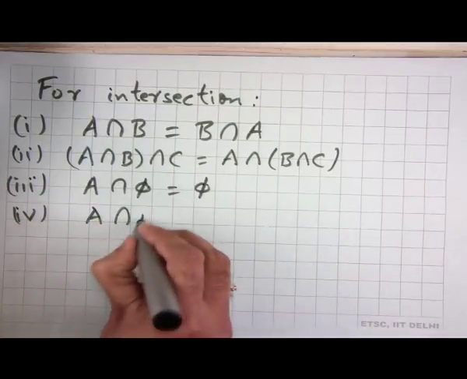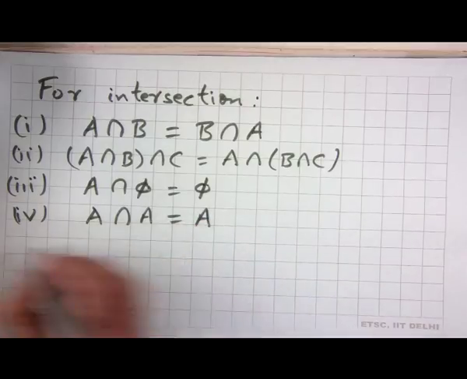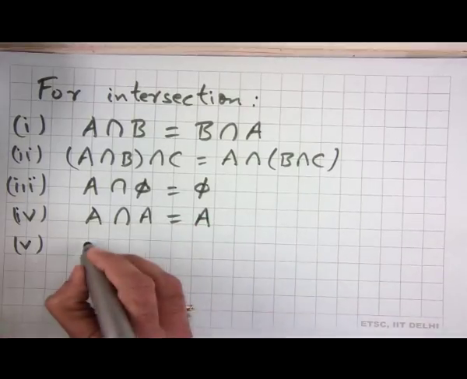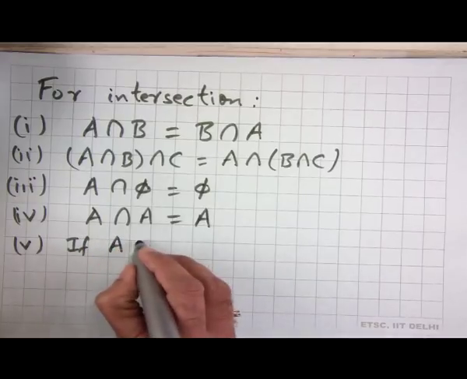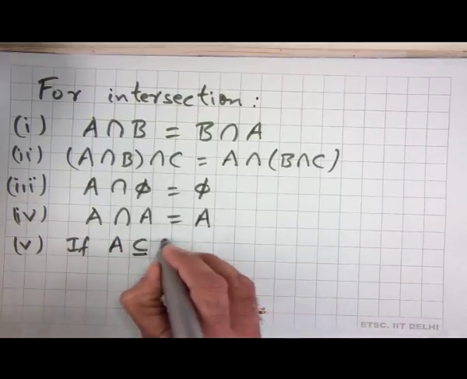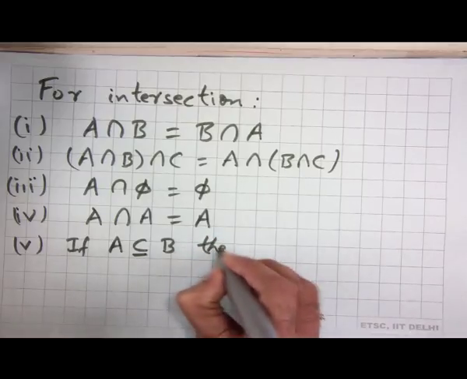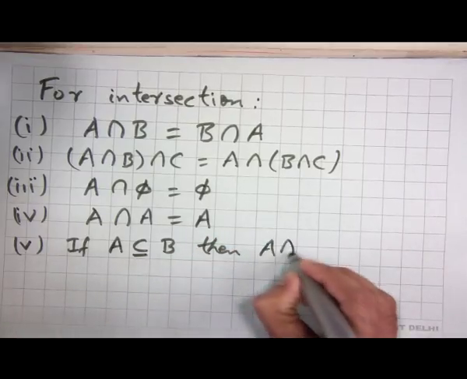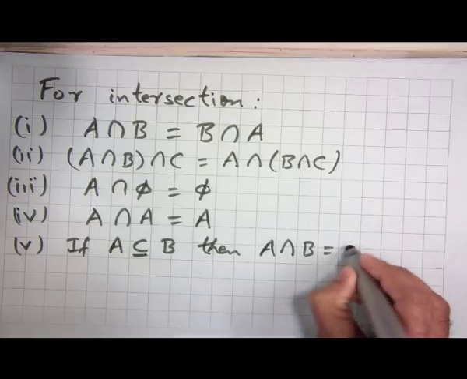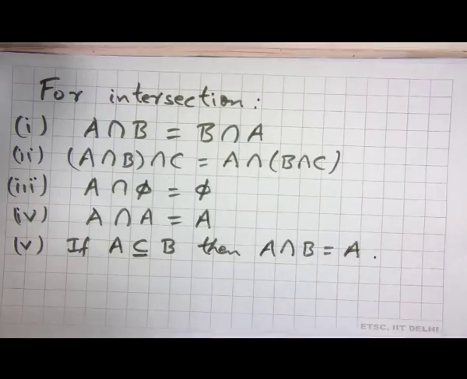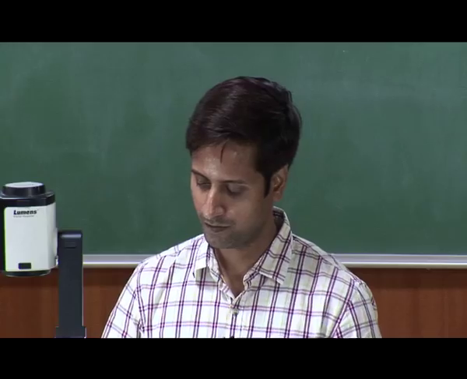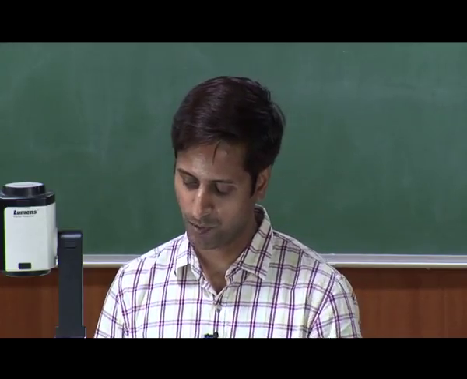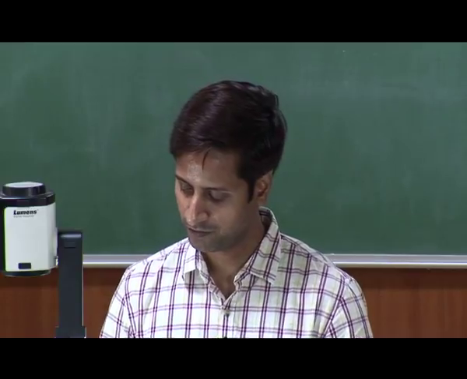A intersected A is A, and if A is a subset of B, then A intersected with B is the same as A. So, these properties are easy to check.